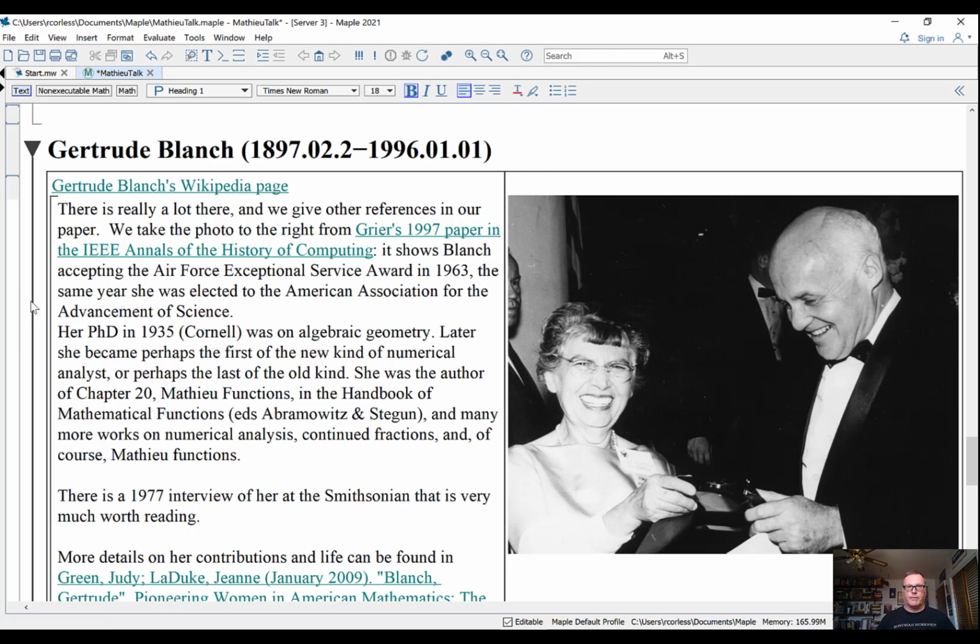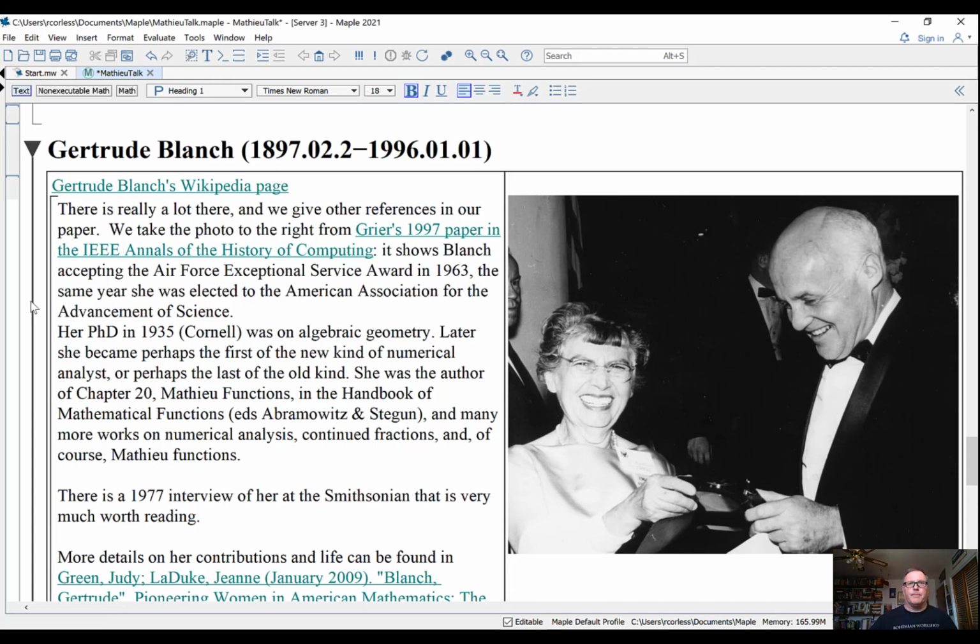It didn't work in full screen mode, so that's why we're plodding through this, clickety-click. But anyway, here's one of my favorite photos of Gertrude Blanche. This is from 1963 when she was receiving the Air Force Exceptional Service Award. And that was the same year she was elected to the American Association for the Advancement of Science.